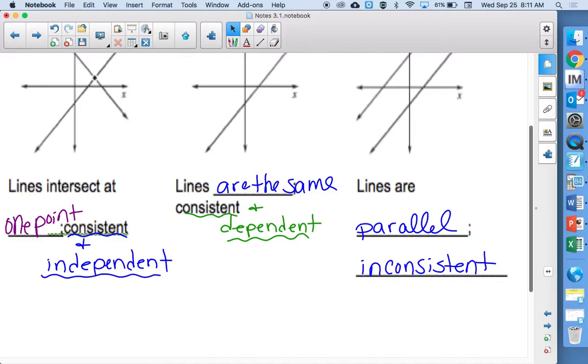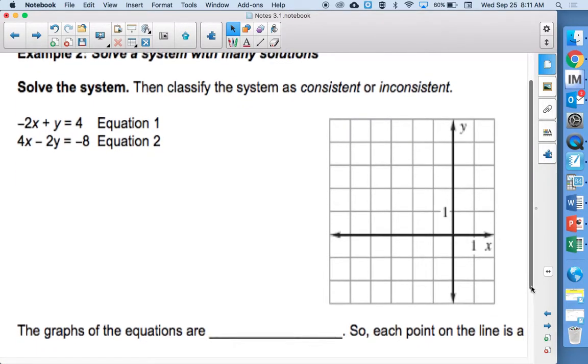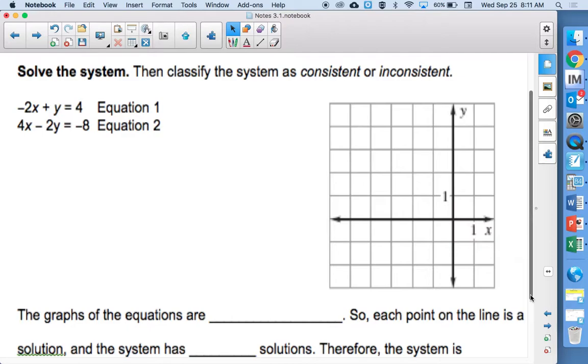So consistent has 1 or many answers. Inconsistent doesn't have any. In that last group of problems, like I think it's 15 to 27 odd, you'll be asked to identify what type of system you have. So when you graph it, you'll say it's consistent and dependent because it's the same line, or it's inconsistent because they're parallel. If you look at the next example, top of the next page, solve this system, then classify the system as consistent or inconsistent.